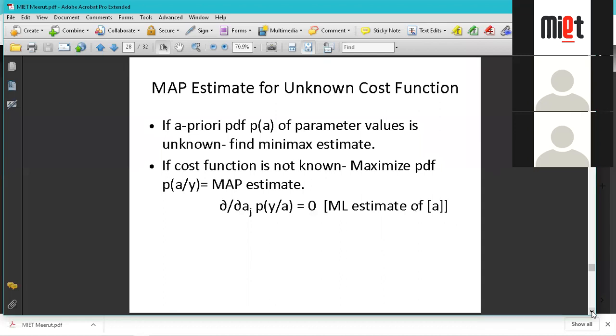When the cost function is also not known, we can apply the MAP estimate algorithm, the maximum a posteriori algorithm. I have shown you the computations of how we apply it. Let's go to the next slide.